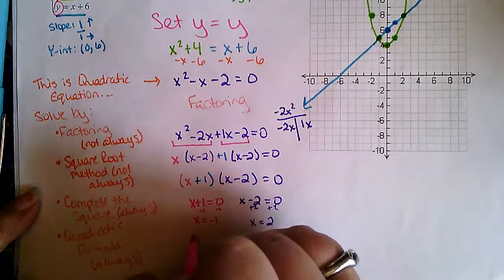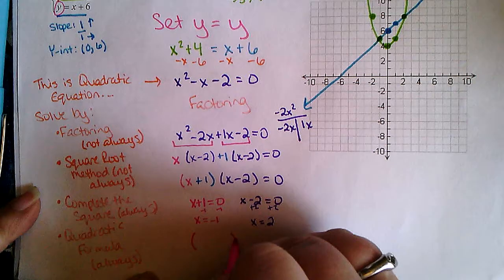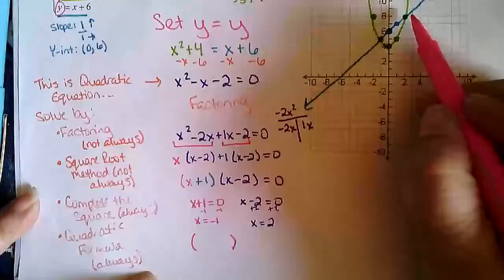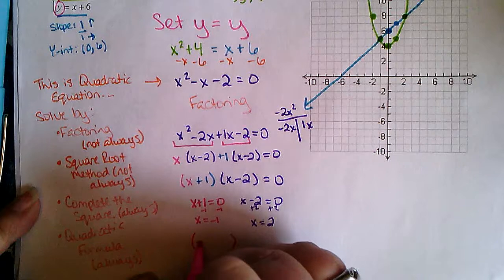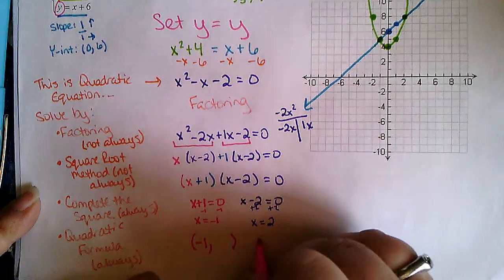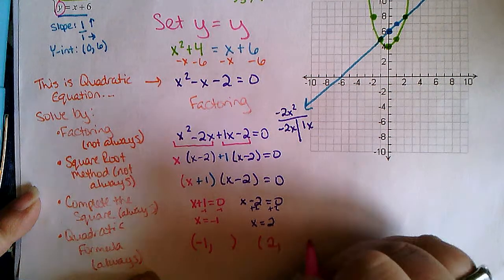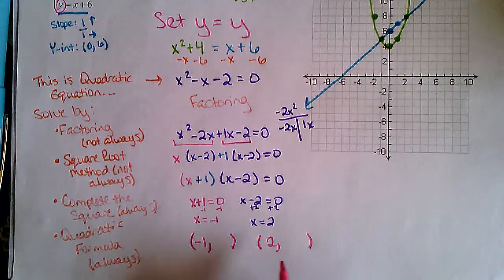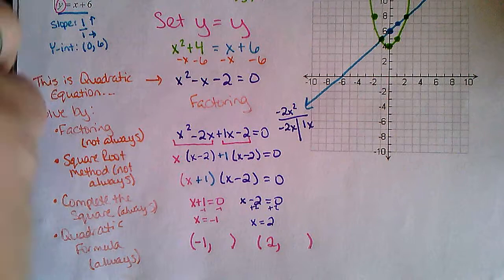Okay, so looking at my graph, I've got two solutions. On this solution, the x is negative 1. On this solution, the x is 2. But I need to find ordered pairs. Well, how am I going to find those ordered pairs?